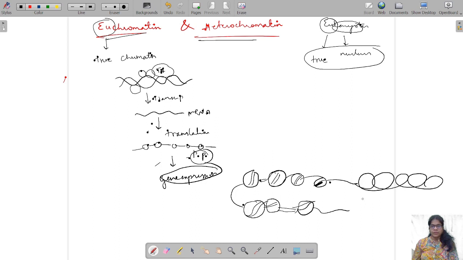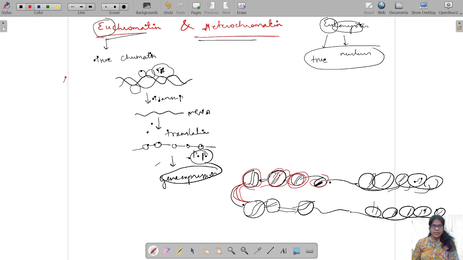I just want to give you a diagram regarding this for you to understand. See, this is your linker DNA that links each and every nucleosome with one another. It wraps the histone proteins, and it forms a nucleosome.